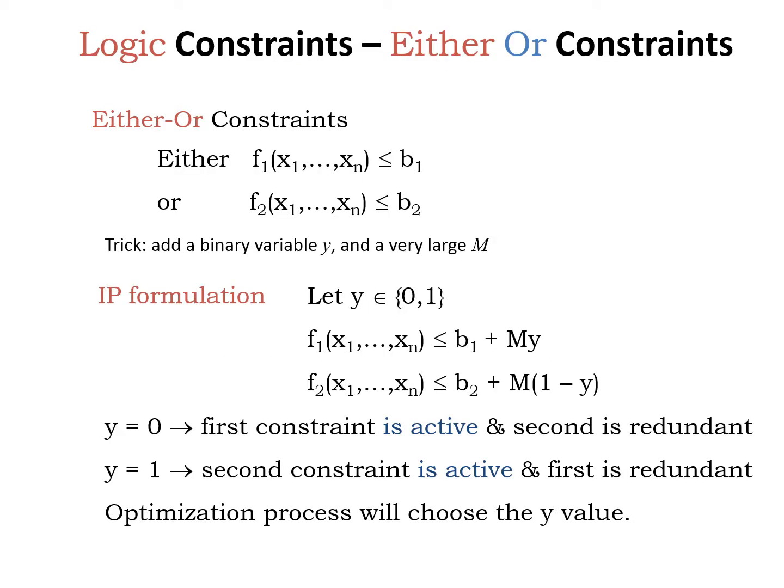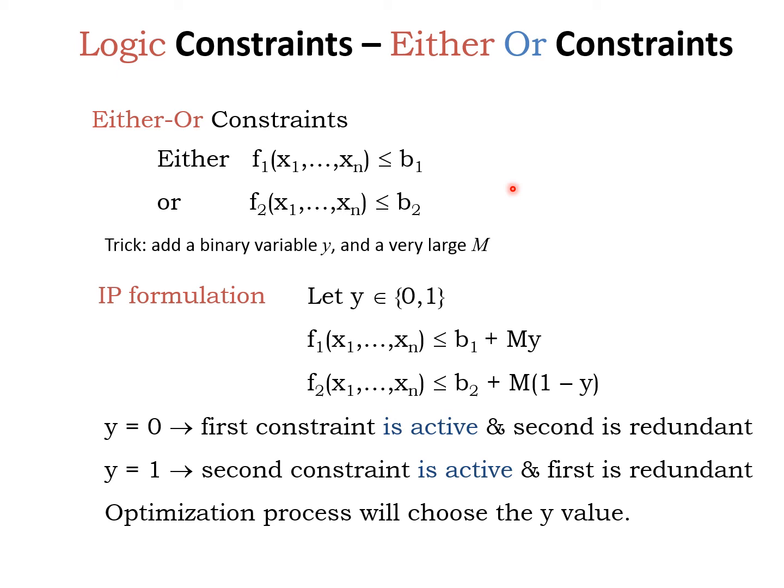Okay, to formalize this, we have these logical constraints. We start with either-or constraints, and basically we have two constraints: f1 as a function of those n decision variables, and f2 as another function of the same decision variables, and the right-hand sides are b1 and b2 for those two constraints. However, this time we don't want both of them to be satisfied, just like what we used to do. I want either this or that constraint to be effective, or not violated.